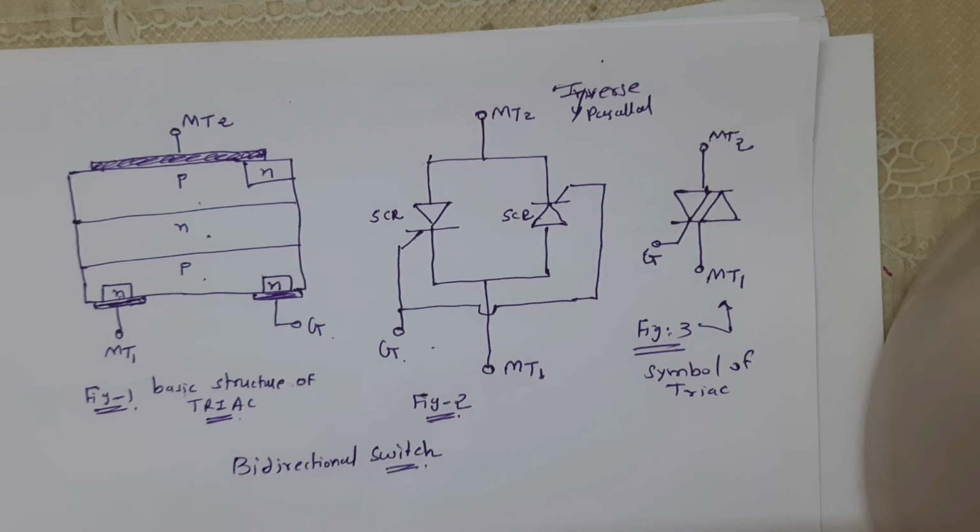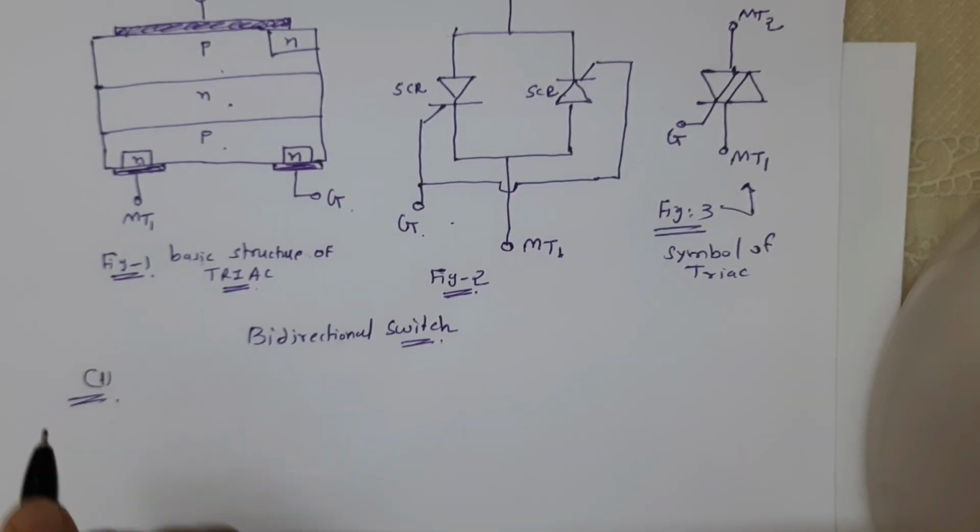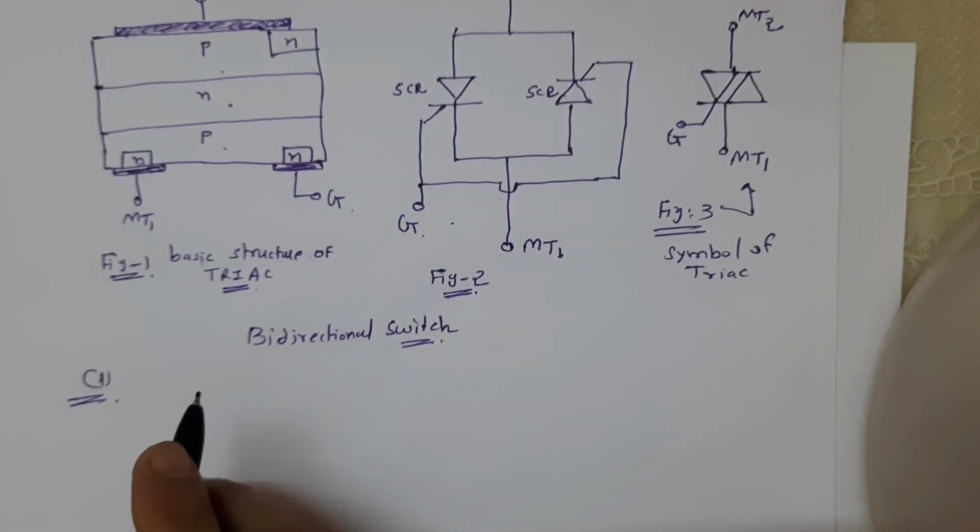The following points may be noted about the triac. The first point is the triac can conduct current regardless of the polarity of the main terminals MT1 and MT2. Since there is no longer a specific anode or cathode, the main leads are referred to as MT1 and MT2.